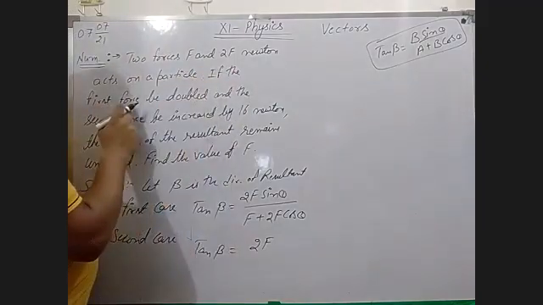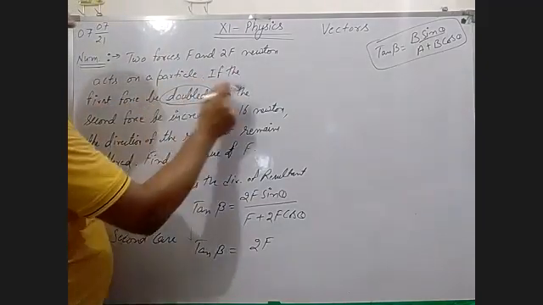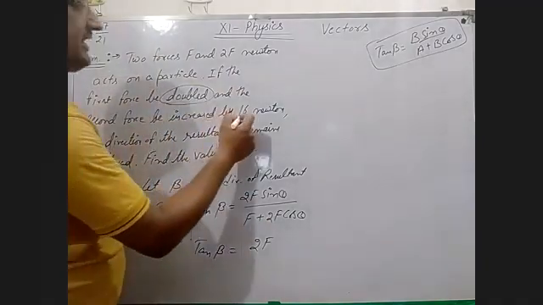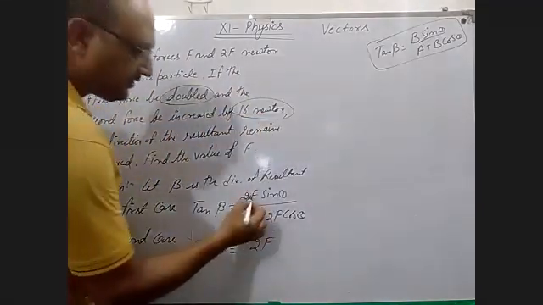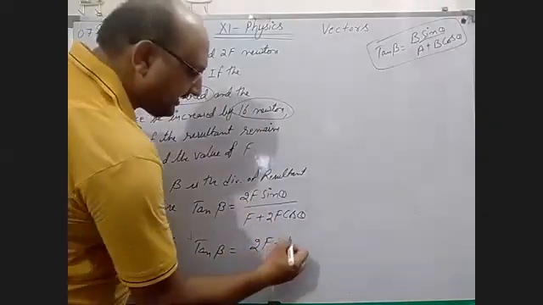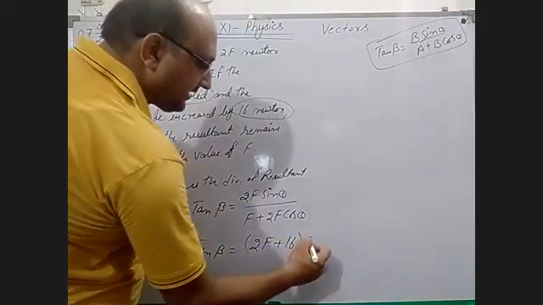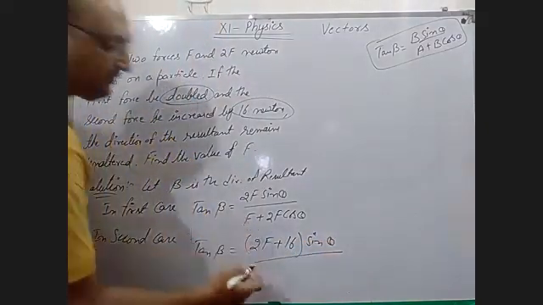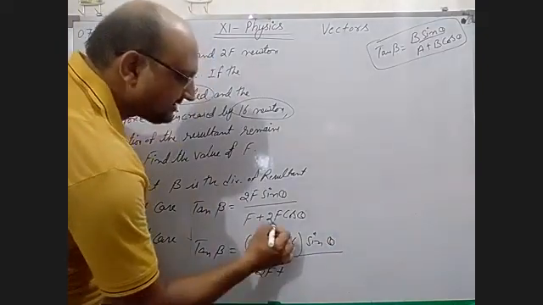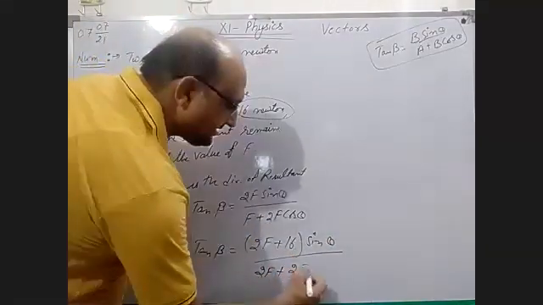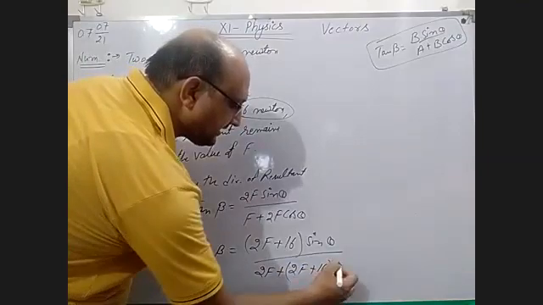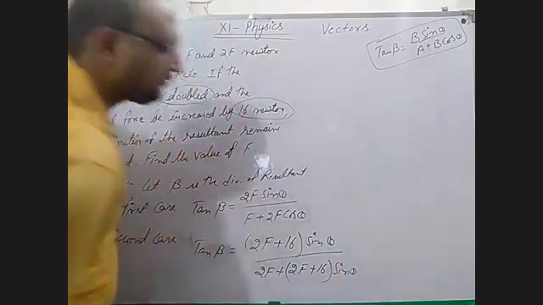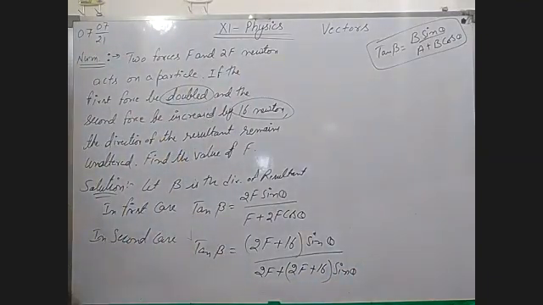If the first force is doubled and the second force is increased by 16 Newton, the first becomes 2F and the second is increased by 16. In this way you can write this equation. F becomes 2F and 2F becomes 2F plus 16.